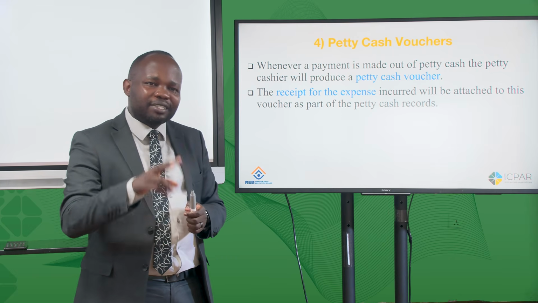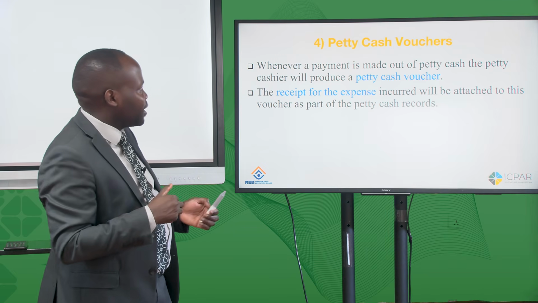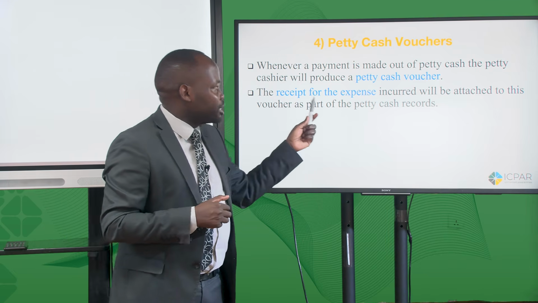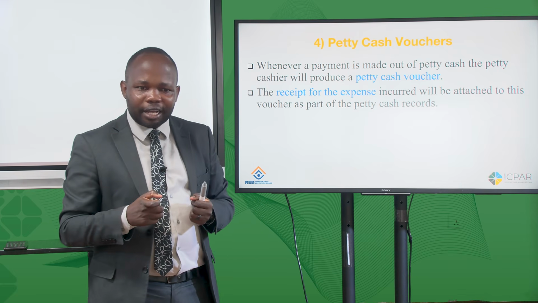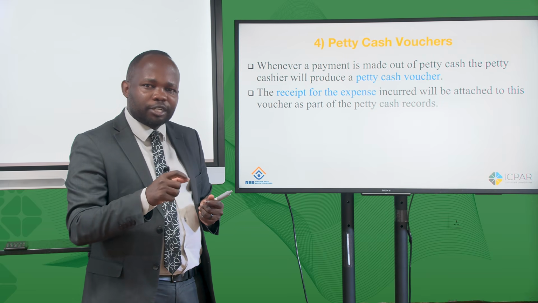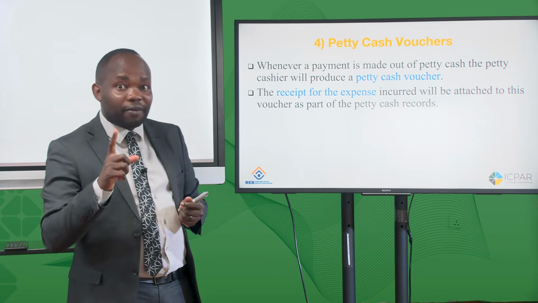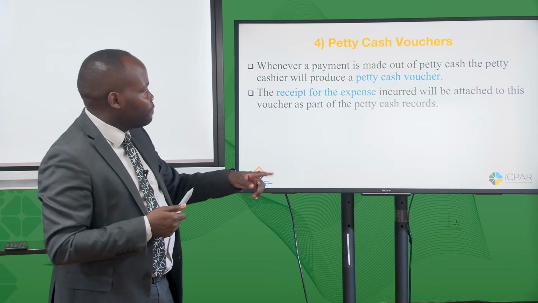This voucher must be signed by two parties, the issuer and the receiver. The receipt for the expense incurred will be attached to the voucher. So if we've spent on something using petty cash, we must provide a receipt for that, and that receipt will be attached to the voucher.